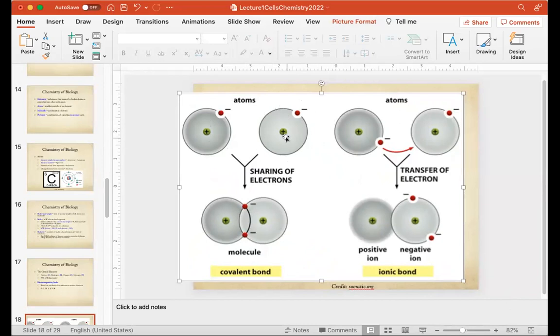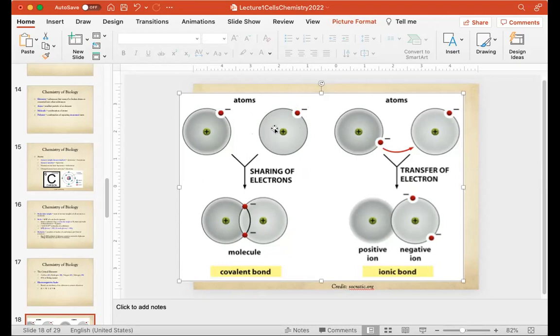Now, those electrons are organized. They're organized into orbitals, and then the orbitals come together into shells. The very outermost shell is called the valence shell. Sometimes there is an unpaired electron in a valence shell.